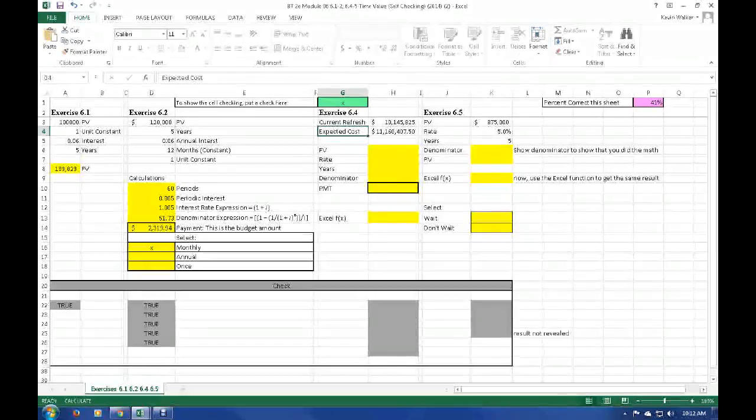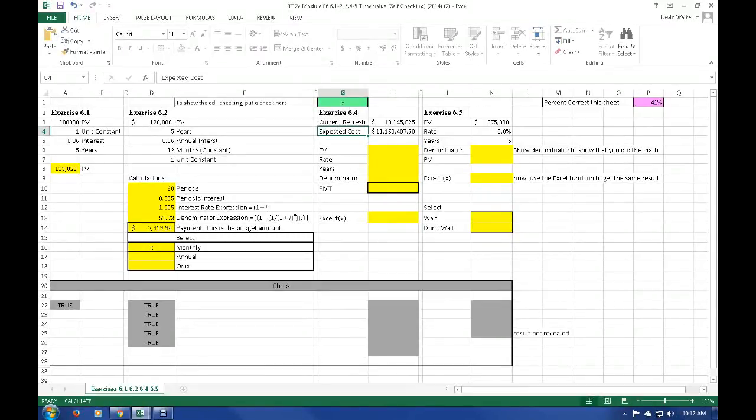Nobody expects you to get it dead on, but if this gets very far off, then that makes all your other numbers pretty hokey. All right, so your expected cost in this case is your future value. The rate you're going to get from the problem, and as I recall, it's like 4.5%. The number of years, again, from the problem is 4.